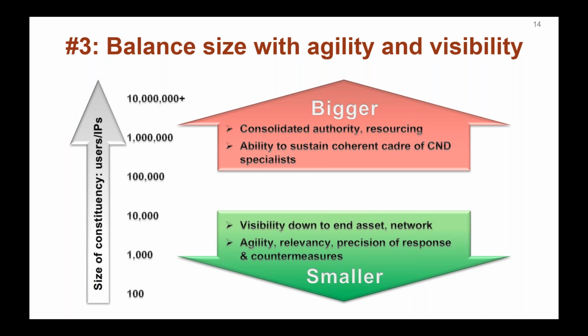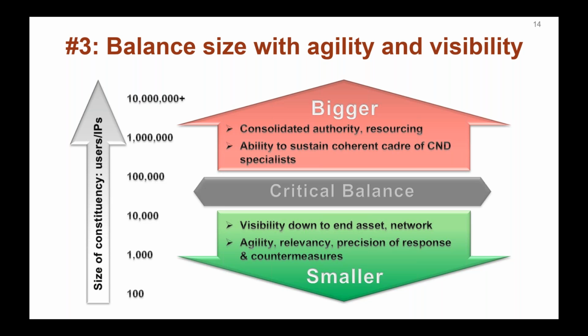And they're able to use that and work with the agility and relevancy necessary to understand what's going on, analyze intrusions, and effect the appropriate countermeasures when called for. Again, we're going to talk about countermeasures later. That could be anything. It's not just blocking stuff. So the question is what's that balance?